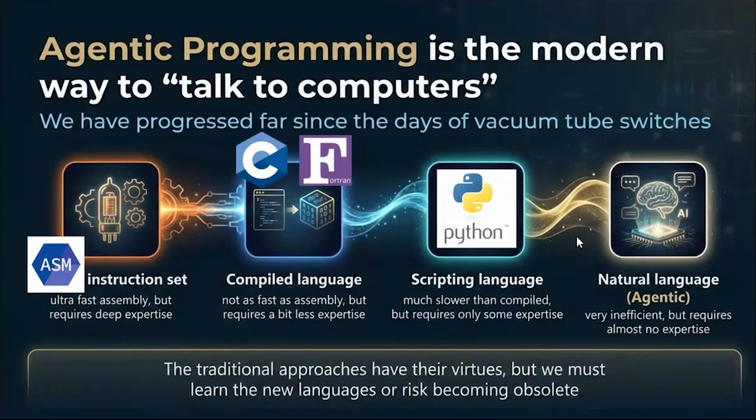It was incredibly labor intensive, but because it's literally telling the computer exactly what to do with its hardware, it was incredibly fast, right? Then over time, we moved to these compiled languages like Fortran and C, where you write the computer code, a bit less like bit flips, but more like the words we say, but not really.